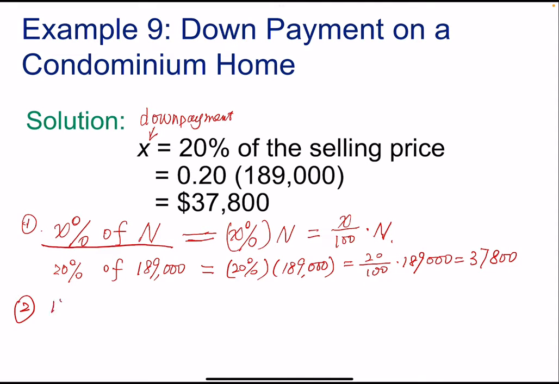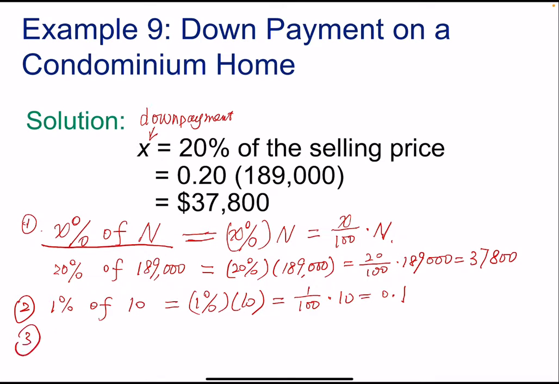Let's see, 1% of 10. What is that? Or 1% times 10, right? So 1% is 1 over 100, times 10. It's 10 over 100, which is 0.1. Yeah.